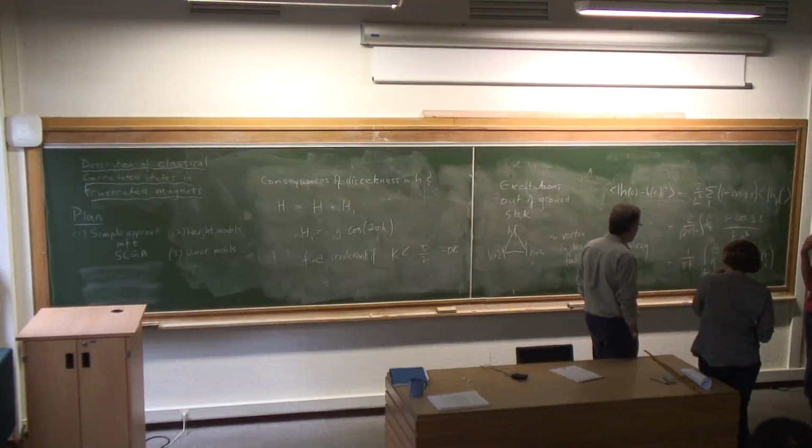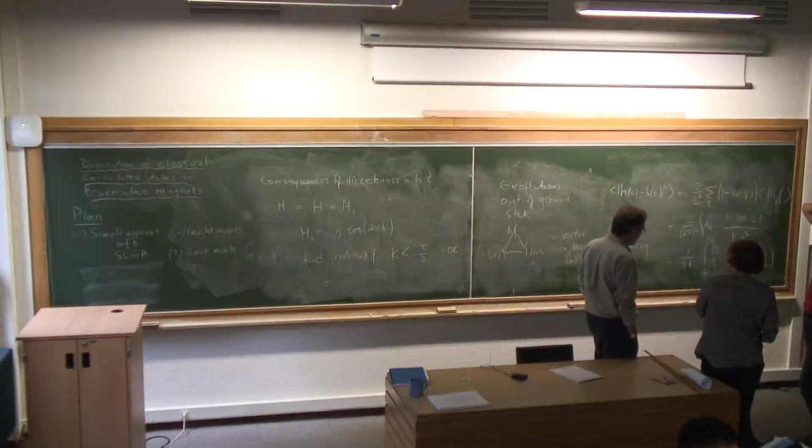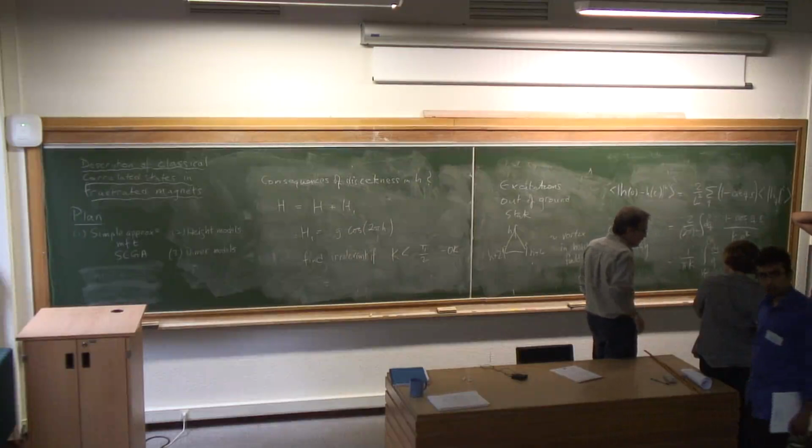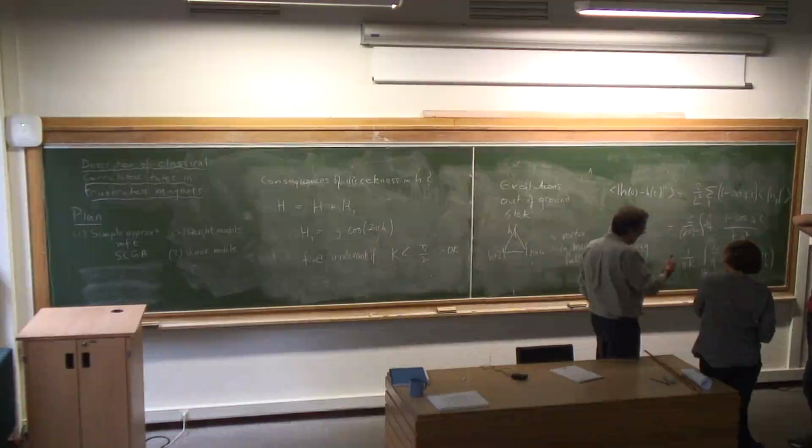So the point is that if you take some unfrustrated system, then you find a mode at some wave vector becomes unstable, and so in the square lattice antiferromagnet that I mentioned briefly, you get ordering at pi, and so then you know what to do. You know that the order parameter develops there, and the magnitude you get by balancing the quadratic term against the quartic term in the usual way.